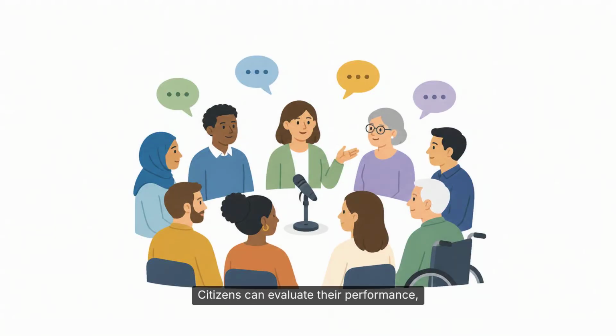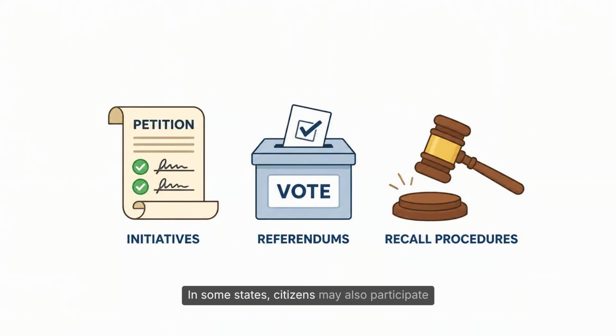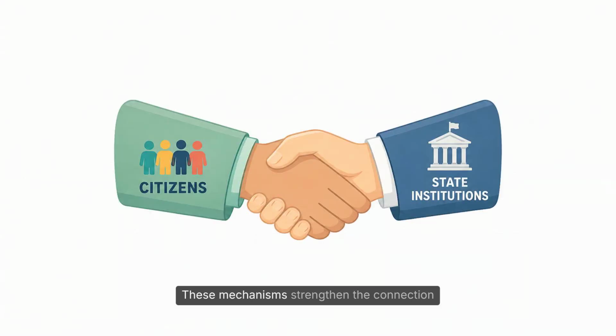Citizens can evaluate their performance, communicate their views, attend public hearings, contact legislative offices, participate in civic organizations, and contribute to public discussions. In some states, citizens may also participate directly through initiatives, referendums, and recall procedures. These mechanisms strengthen the connection between citizens and their state institutions.